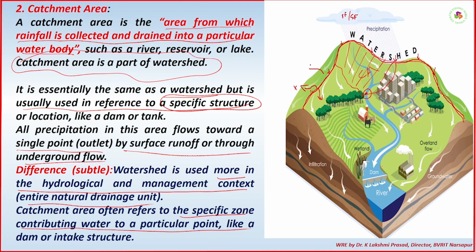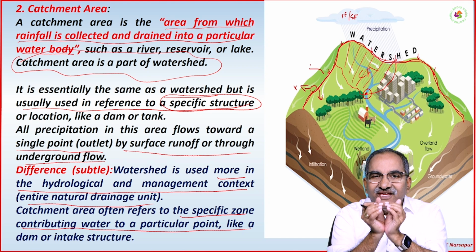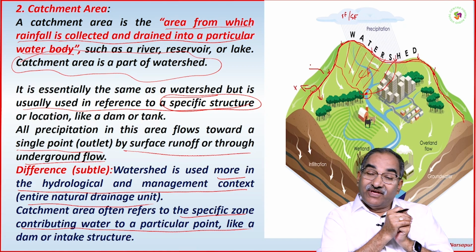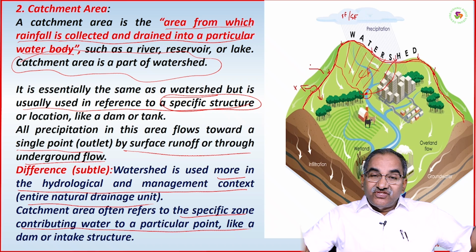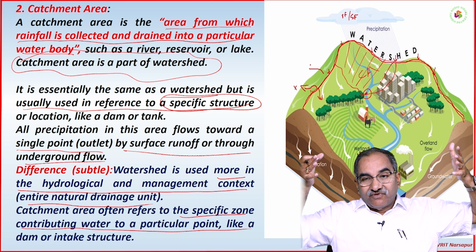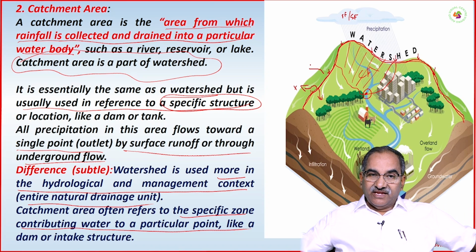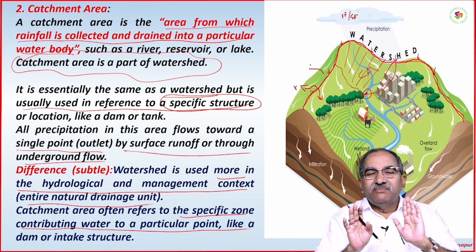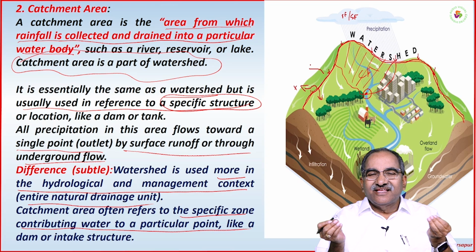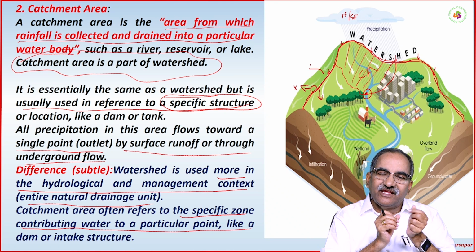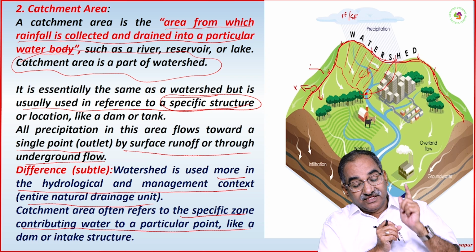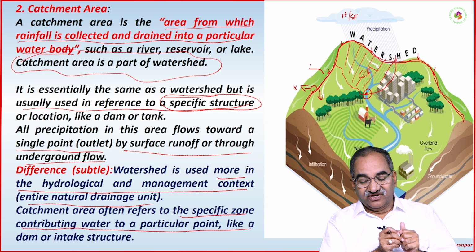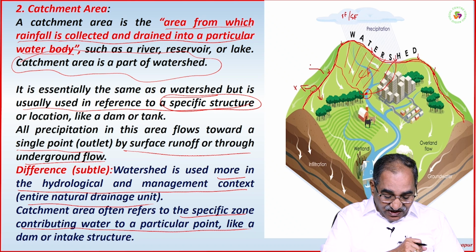So that's why catchment is always at a specific place with reference to a specific structure, whereas the watershed means, on a large scale, the entire water for the entire portion of the river from the beginning to the end, which we generally take. Otherwise both are used by people in a similar way. People always say that the difference between these two is very, very narrow. But remember that in the hydrological and management context, we use watershed actually. For a specific zone, we use the catchment.